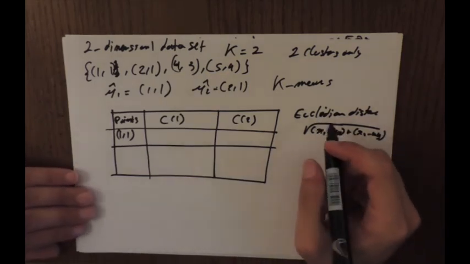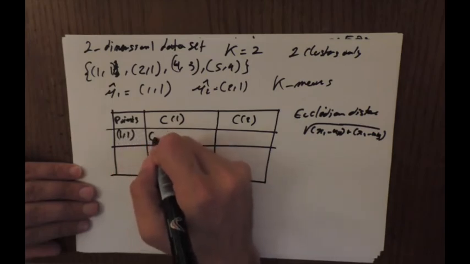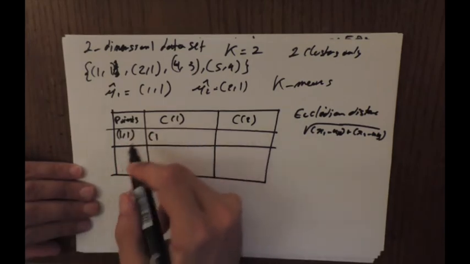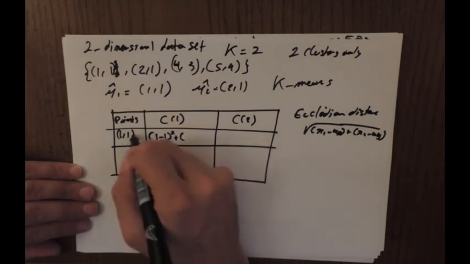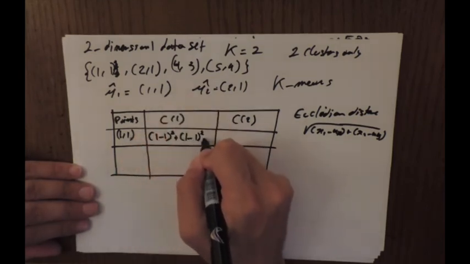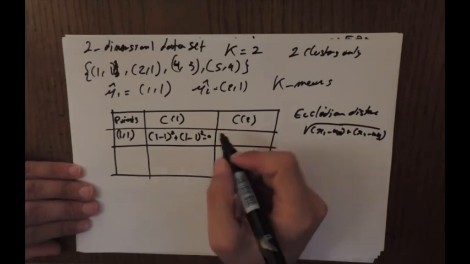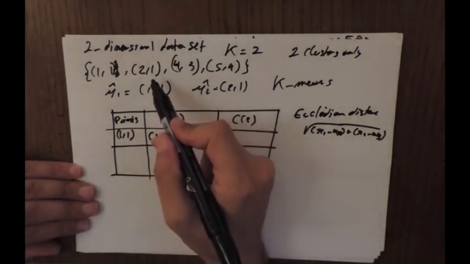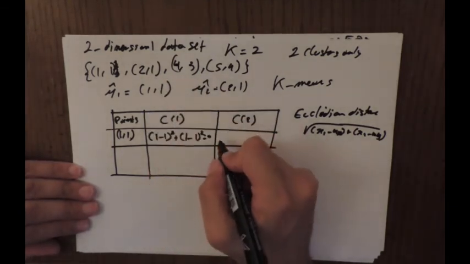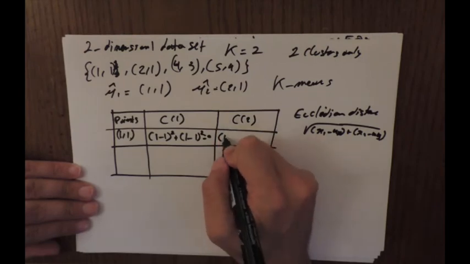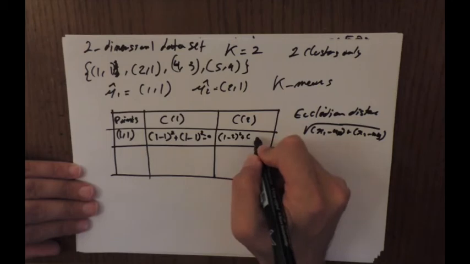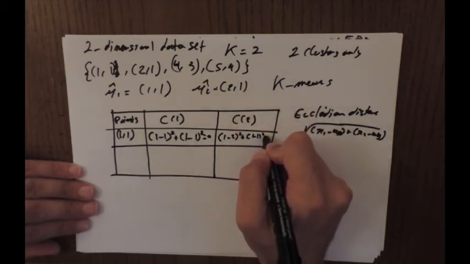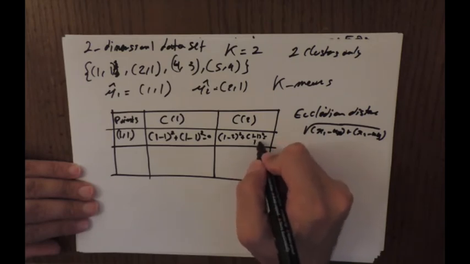Then we have 1 minus 1 squared, plus 1 minus 1 squared, which is equal to 0. And if we try point number 2, which is 2, 1, we have 1 minus 2 squared plus 1 minus 1 squared, which is equal to 1.